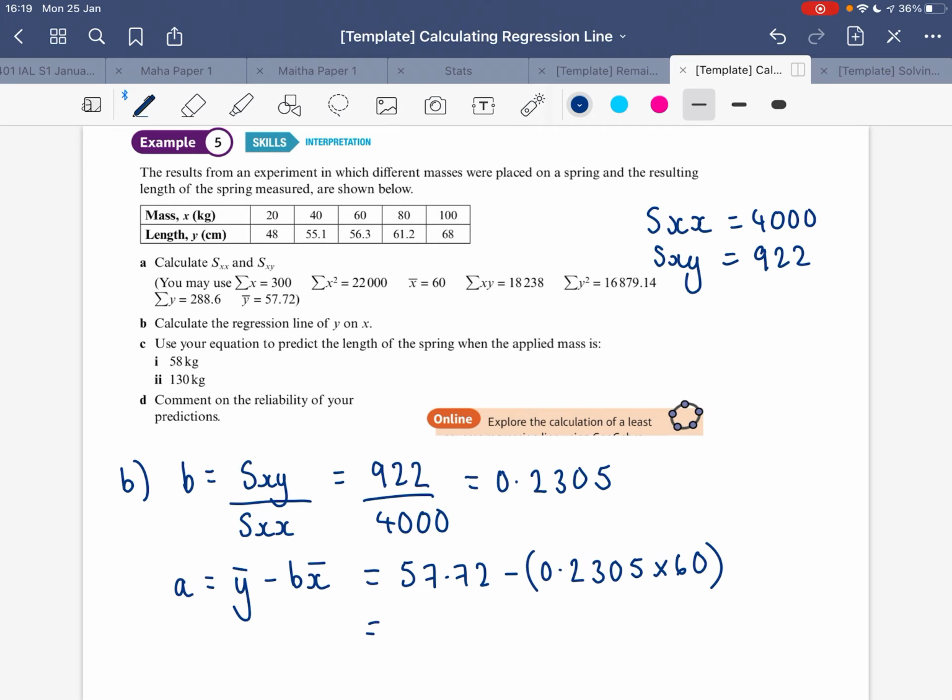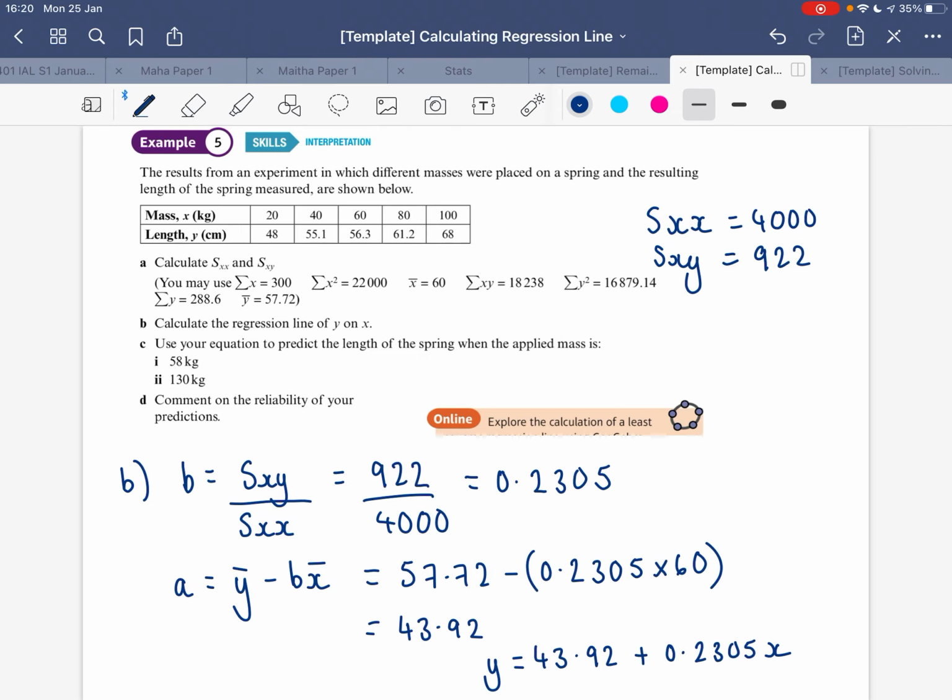That gives us 57.72 minus 0.2305 times 60, which is 13.83, giving 43.89. That is our a. So the equation of our line is y equals 43.92 plus 0.2305x. And that is our regression line equation.